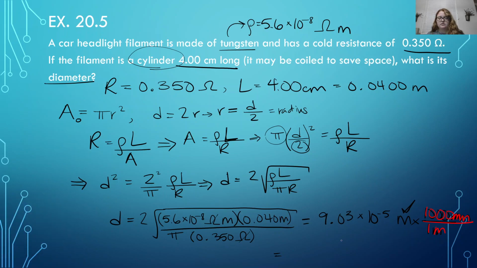All right, and then you multiply by 1,000. And we'll get 0.0903, and this is in millimeters. All right, so this is my diameter of this filament. So very, very thin. Okay, this is my diameter.